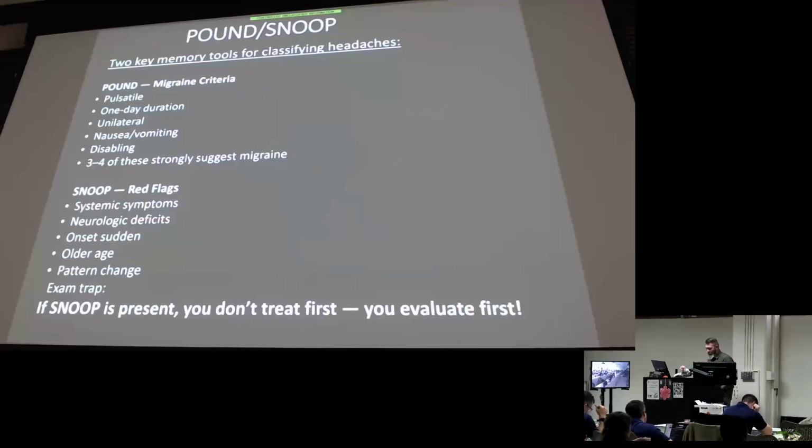So the big exam trap is listed there. If the SNOOP acronym helps classify the patient presentation, you need to investigate that first. You don't go right into treatment. If the POUND criteria are there, then it's more than likely migraine, and then we're going to get into how we manage those, right? But if you have any of those other red flags, you need to do some investigation first.